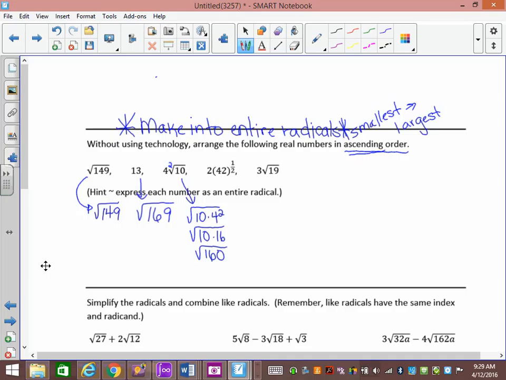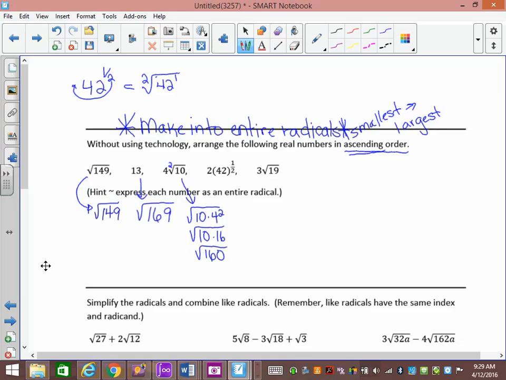Now, a half, you guys learned in grade 10. Say if I had 42 to the half, ignoring that there's a 2 there for now. What you can do is make this a radical. This is just the index, and this is the exponent. So how you would rewrite this is the square root of 42 to the 1.